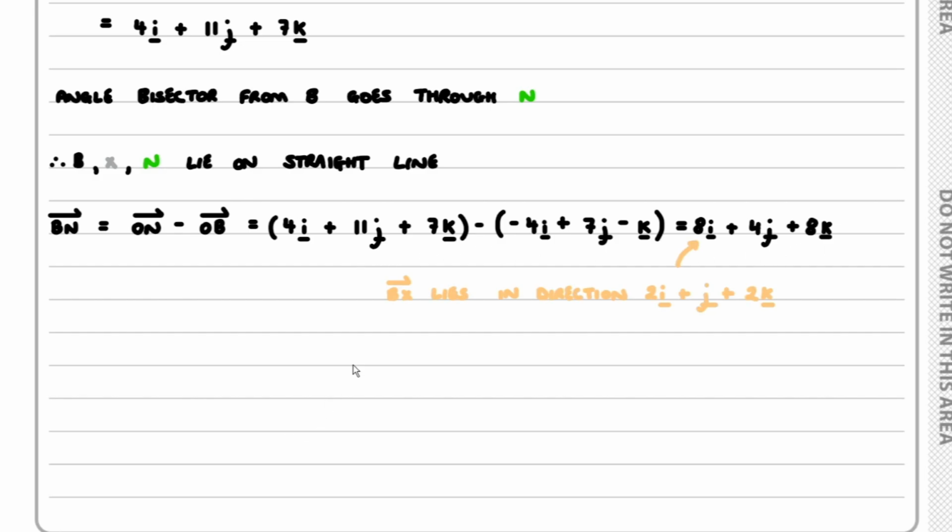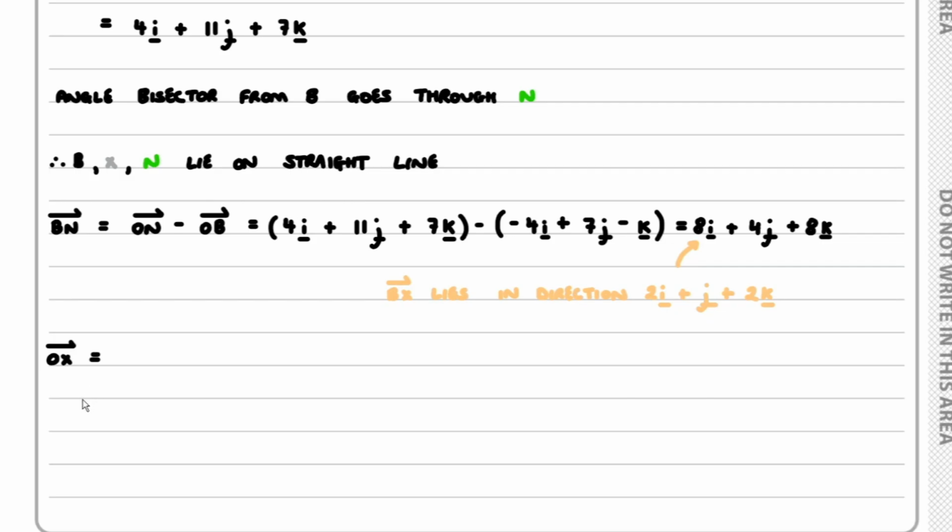Which means then, BX will lie in the direction 2i plus j plus 2k. If I multiply this by some constant, I get the vector shown here. And that's because B, X, N lies on a straight line.